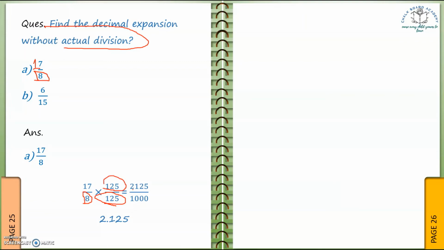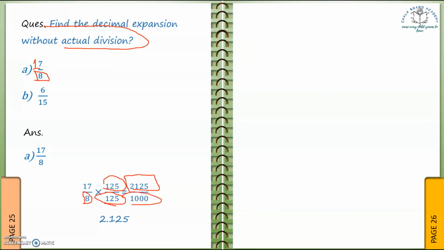Because we are multiplying the numerator and denominator by the same number, the value is actually the same, but the form is different. We have the simplified version of the number, that is 17 by 8, and we have created the equivalent fraction by multiplying by 125. So we got the numerator as 2125 and denominator as 1000.